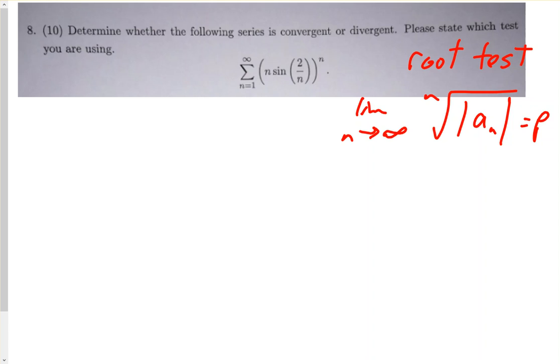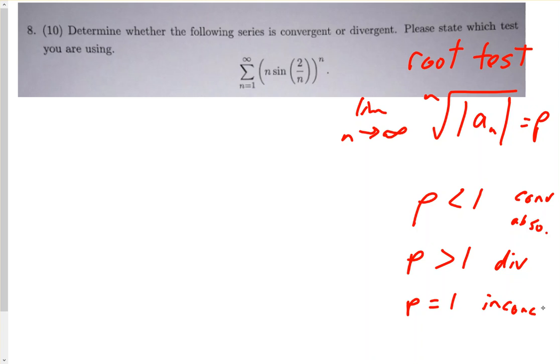The rule was, if rho is less than 1, it converges absolutely. If rho was greater than 1, it diverges, and if rho equals 1, it's inconclusive.